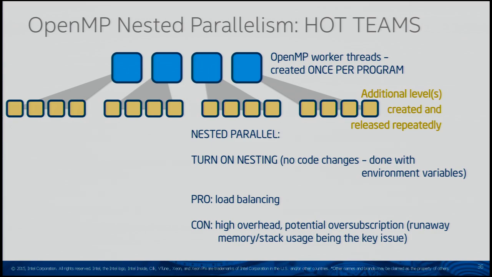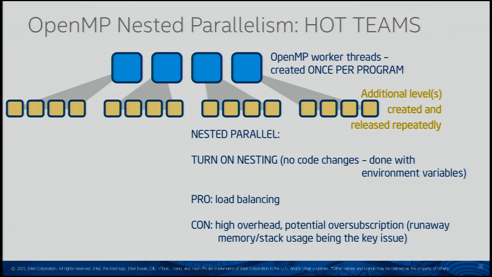So most implementations turn off nesting in OpenMP. The first time you hit a parallel region, you get parallelism. If you add more parallel regions, nothing happens, because they don't want this to happen. But we need this to happen. But there's another dirty little secret. All the implementations out there, when you create this next level of parallelism, when you exit it, it gives it back to the OS.